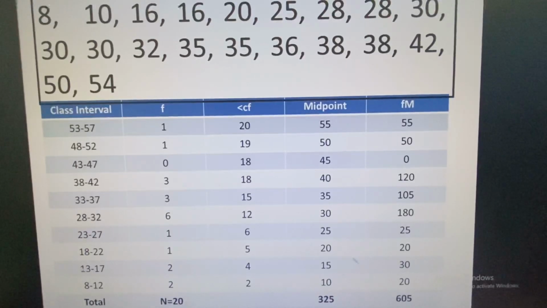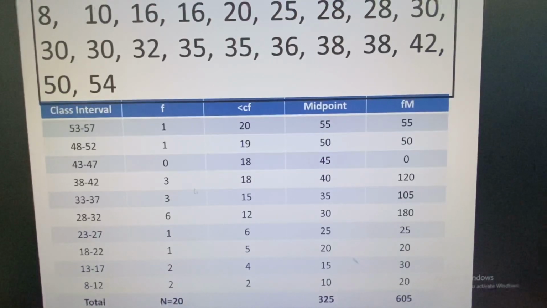Next is 13 to 17, 18 to 22, 23 to 27, 28 to 32, 33 to 37, until you reach the highest score, which is 54. So the last class interval here is 53 to 57.